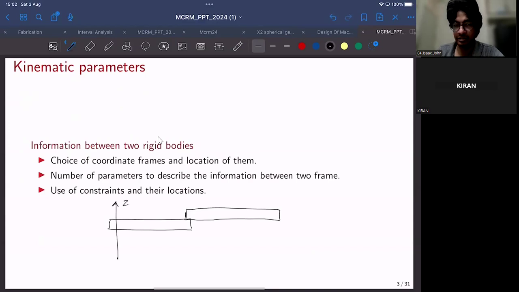Maybe call this the z1 axis, and this could be the z2 axis. I'll label these individual links as link 1 and link 2, and these links are able to rotate about their own respective axes. So link 1 is free to rotate about the z1 axis and link 2 is free to rotate about the z2 axis.